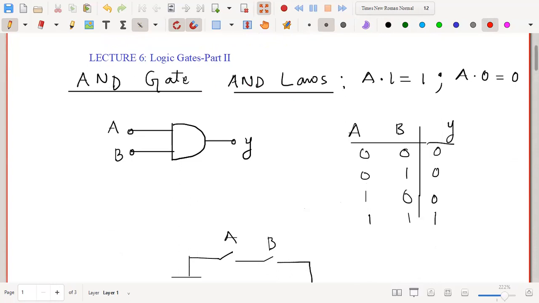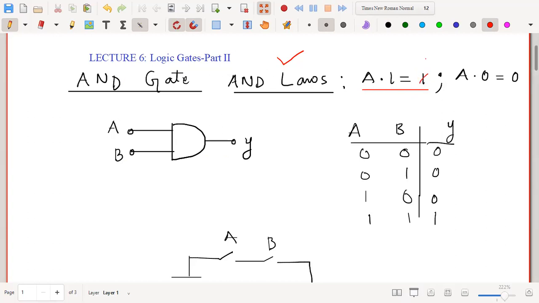Before we actually go to the AND gate, let us first see the AND laws. What are the different AND laws? Here I have written that if you have any variable ANDed with 1, then you would get the same variable. I'm sorry, I have written it by mistake here.